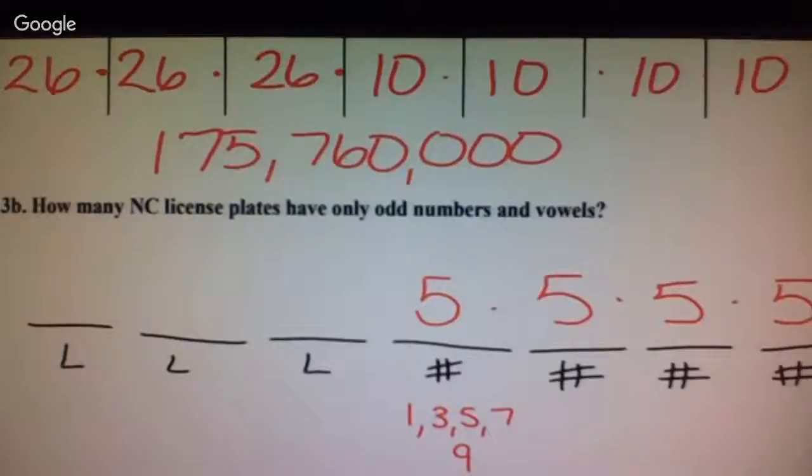According to my answer sheet, it says we are including Y as a vowel. So if I'm including Y as a vowel, how many vowels are there? 6. Oh, no, wait.